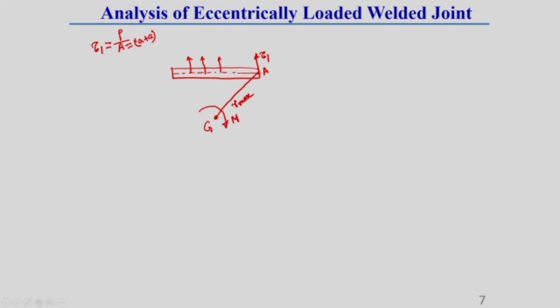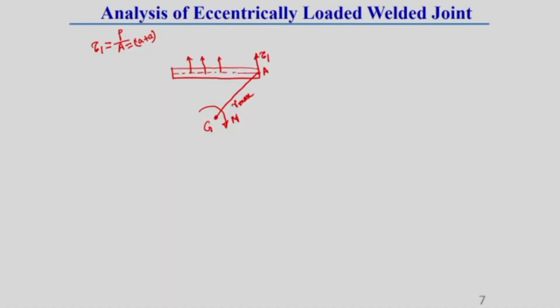So, inside the weld the direction of the resisting moment will be opposite to this. Along that direction the shear stress will act, which will be tangent to that point, perpendicular to the radial distance. So, this tau 2 will be opposite to this. This is tau 2, perpendicular to this radius r max, and whose direction is opposite to the moment direction M.